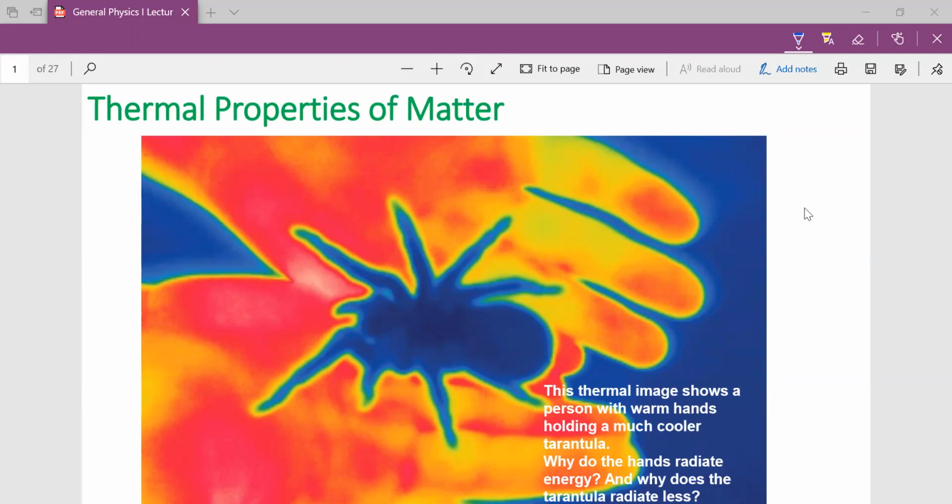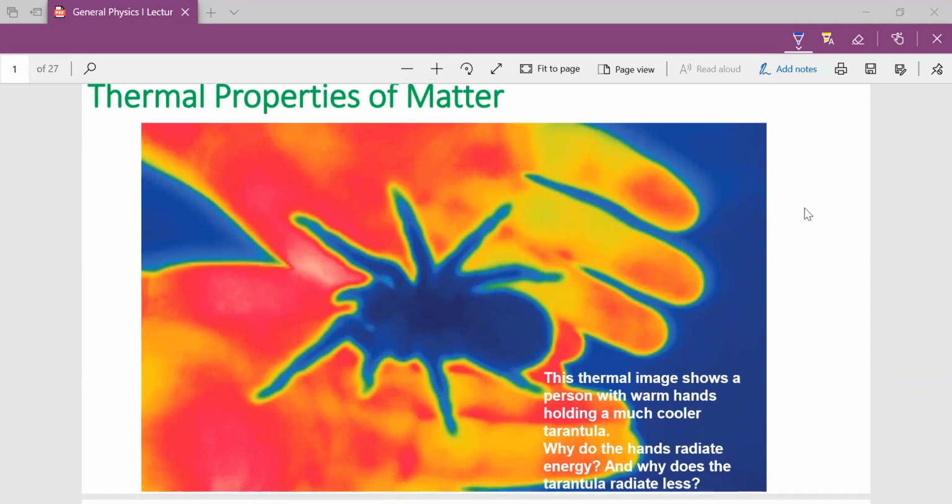Okay, so today I want to look at the beginning part of the discussion on chapter 12 of our text, and that is thermal properties of matter. Now, in chapter 11, we started the discussion on thermal energy. We talked about heat and we talked about temperature.